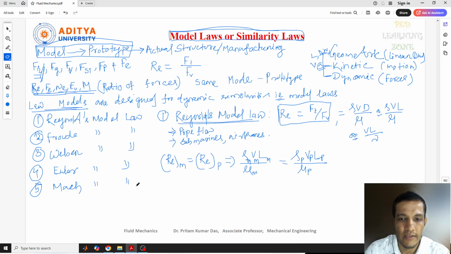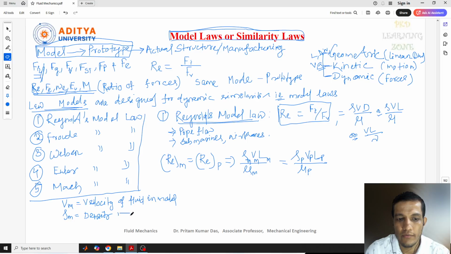Here I can write Vm, which is the velocity of fluid in the model. Similarly, rho m is the density of fluid in the model.